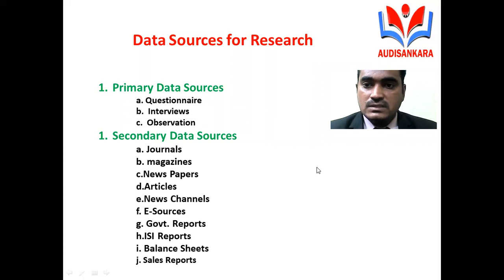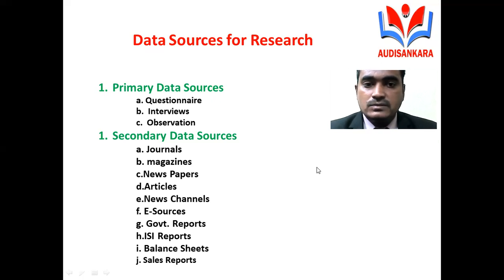These data sources are majorly classified into two types. We call them the primary data sources and the secondary data sources. The primary data sources can also be called first-hand information. The secondary data sources can also be called second-hand information.